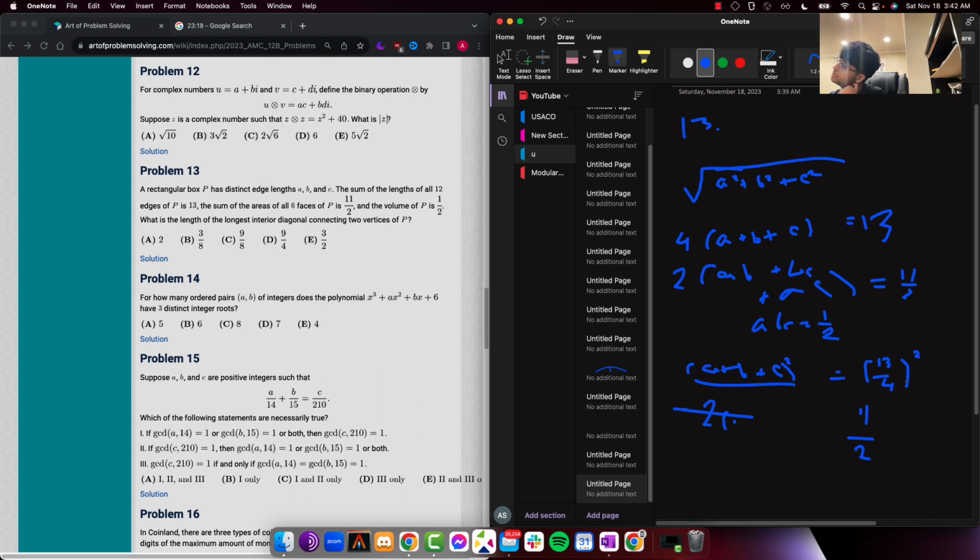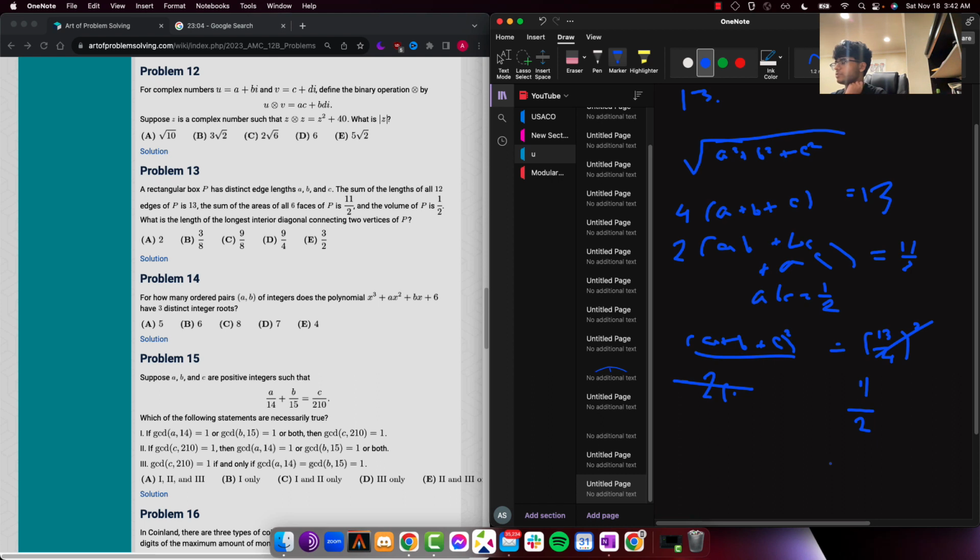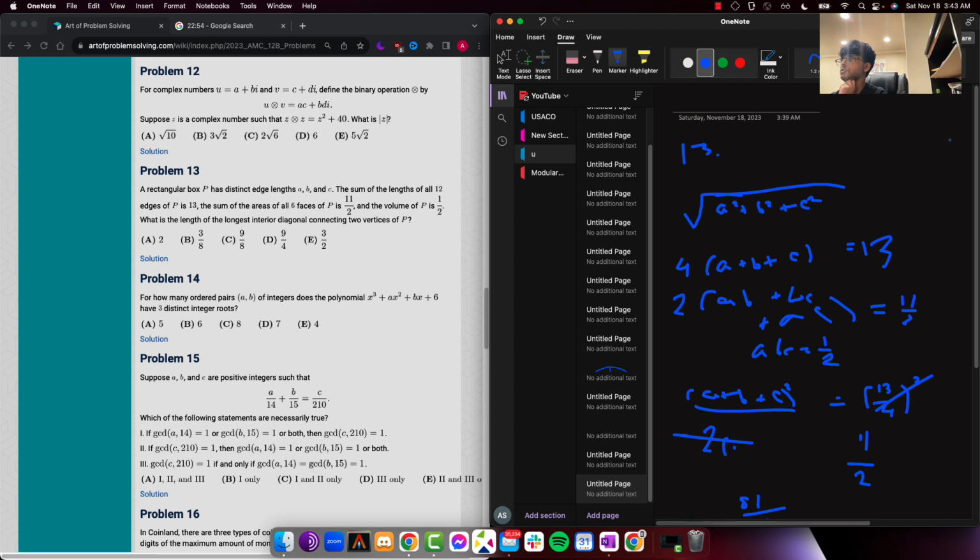Okay, this is 169 over 16. And then when you multiply this by 8, this is 88. So 169 minus 88 is 81. Okay, 81 over 16. And if you take the square root of 81 over 16, then you get 9 over 4. I think it's D.